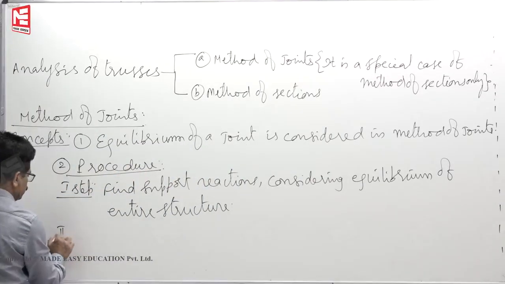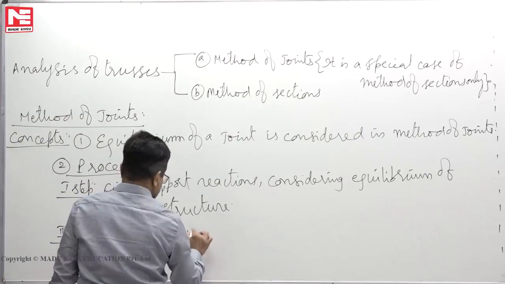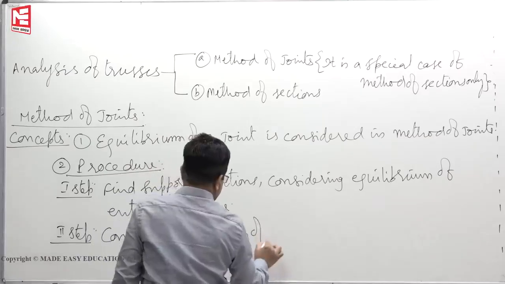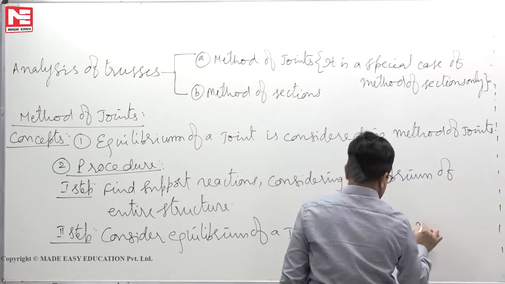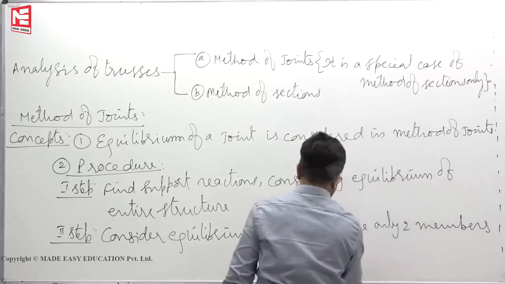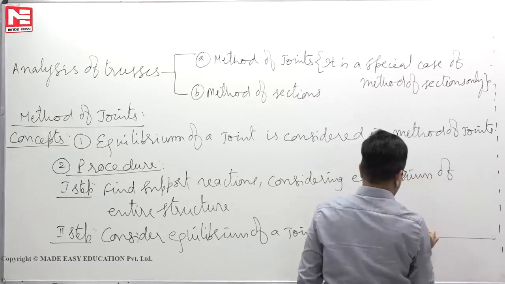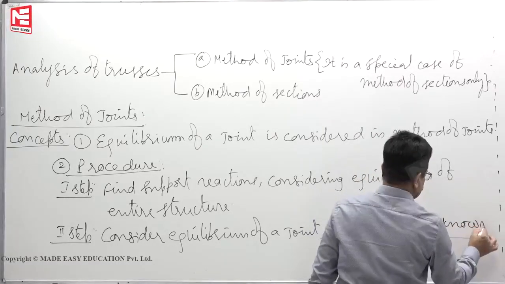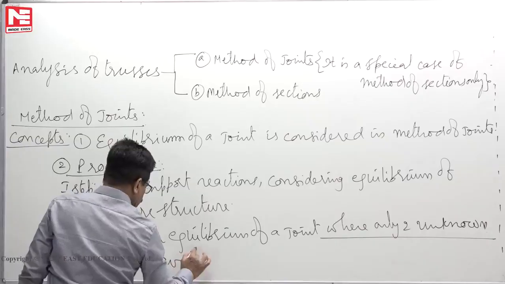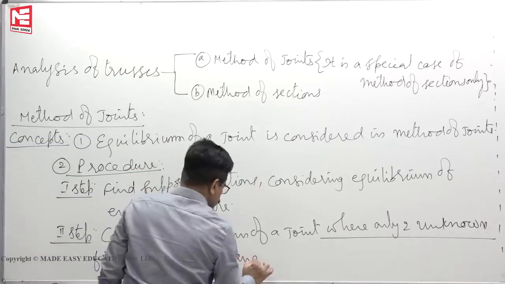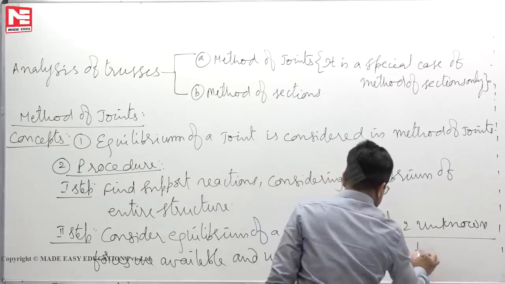Then second step, consider equilibrium of a joint where only two members are meeting, or where only two unknown forces are available, and use sigma x equal to 0 and sigma y equal to 0 to find them.